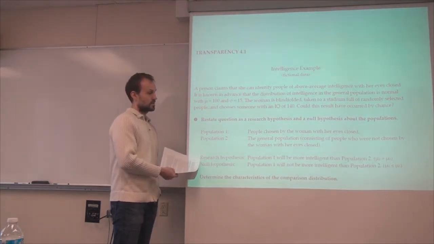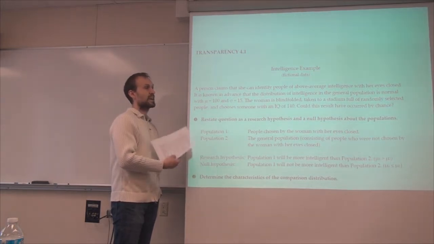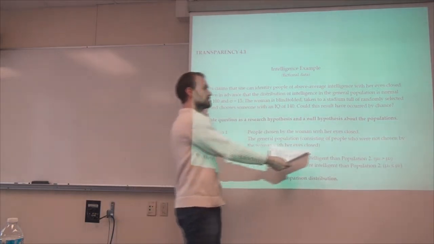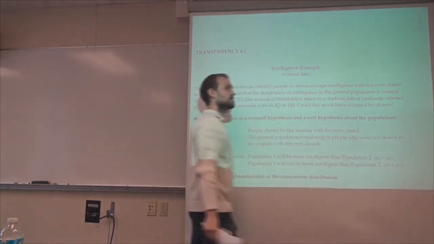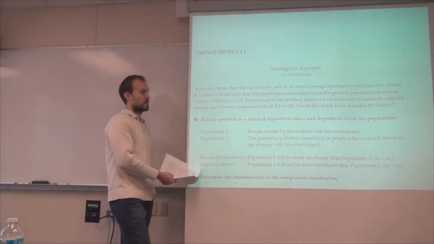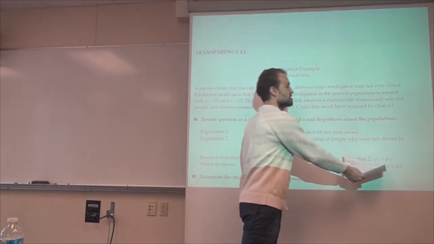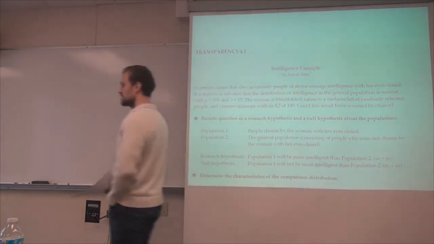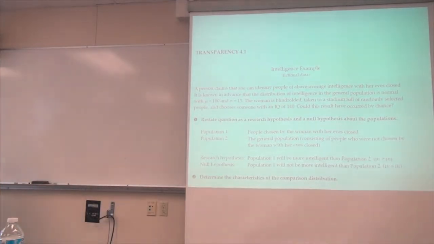Either it fits with her claim that her pick, number 1, has an intelligence higher than the average, or it does not. So then her person's intelligence is less than or equal to the population average.